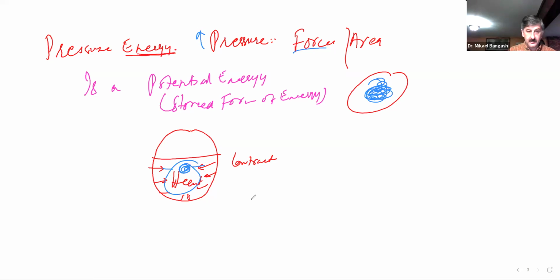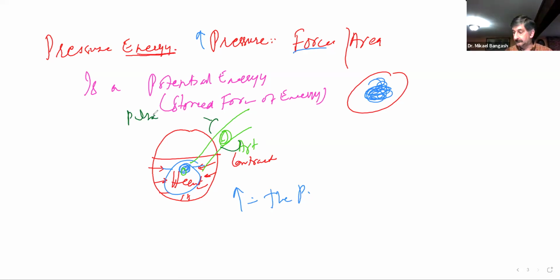This increase in pressure causes blood to be pushed into the blood vessels, in this case the arteries. That volume of blood being pushed from the chamber of the heart into the artery causes the artery to expand, and that's what we feel as a pulse.